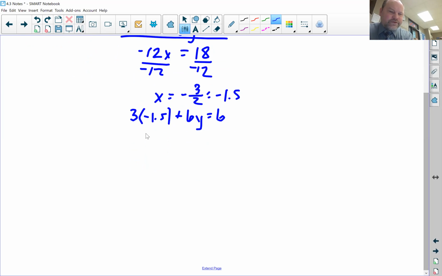So 3 times negative 1.5 is negative 4.5 plus 6y equals 6. Add 4.5 to both sides.